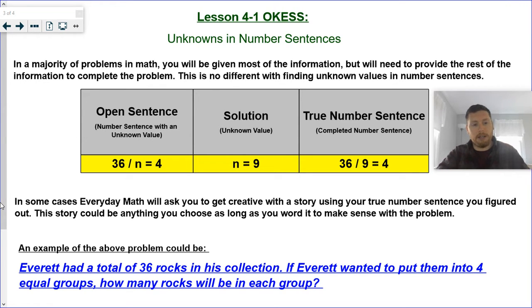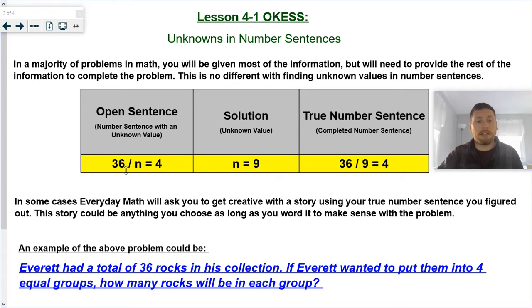An example right here would be: Everett had a total of 36 rocks in his collection. If Everett wanted to put them into 4 equal groups, how many rocks will be in each group? So how many did we have in total? We had 36 in total. I don't know how many I need in each group, but I do know that I need 4 groups.